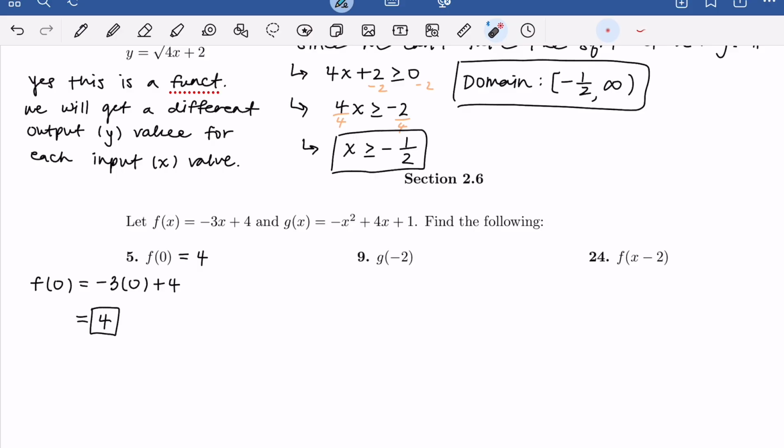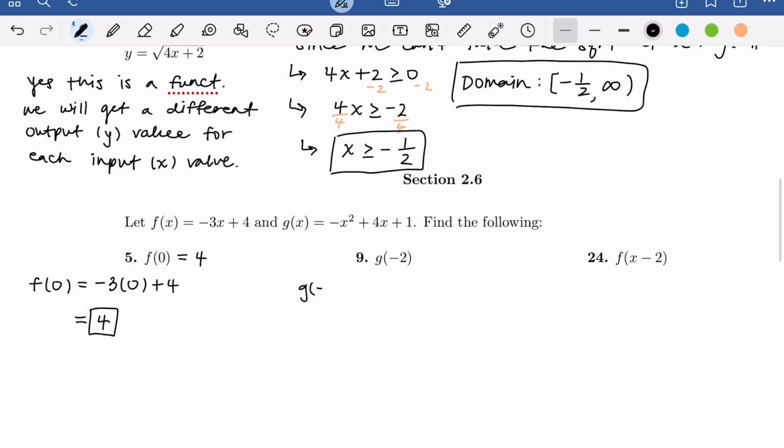Now let's do the same thing for g of x. We want to figure out what g of x is going to be if we were to plug in negative 2 wherever we see an x in this function. So g of negative 2 is going to be equal to plugging negative 2 into this function wherever we see an x. Now we do have to be careful of our signs here.